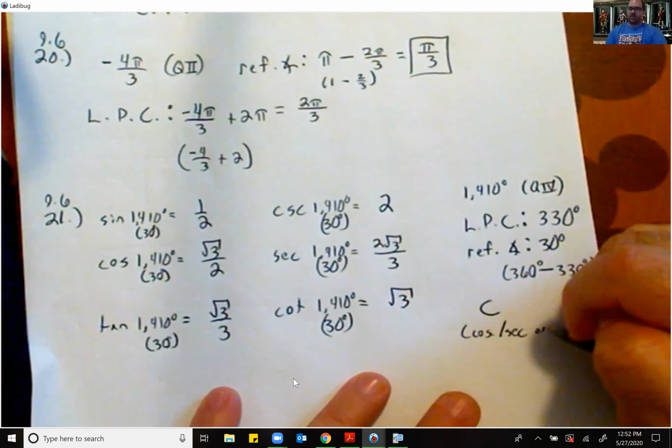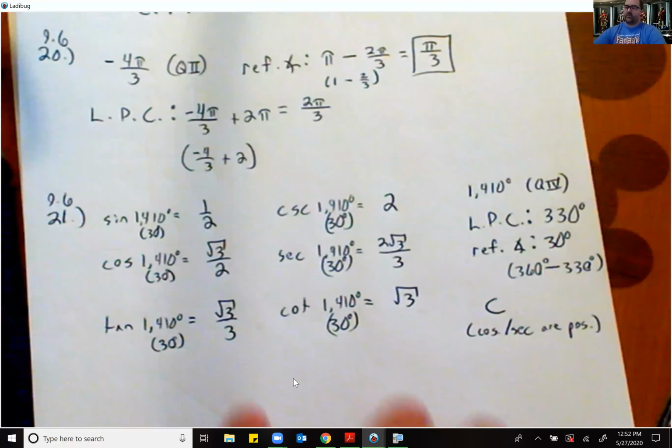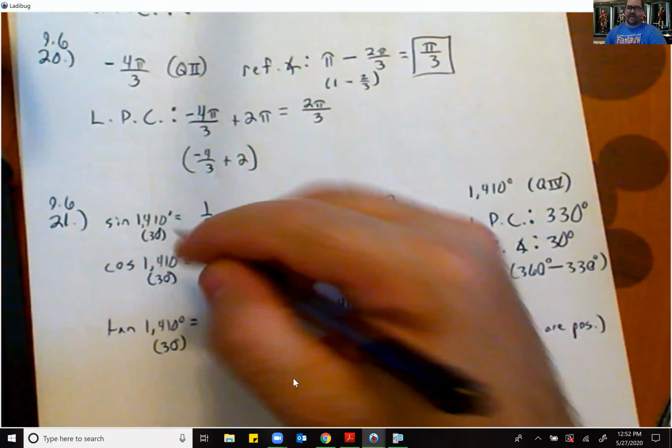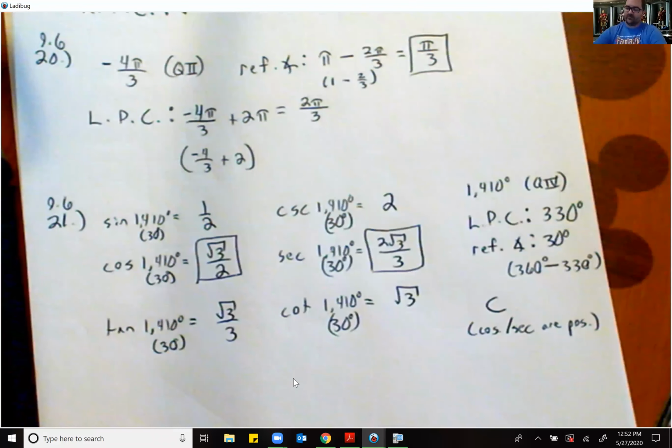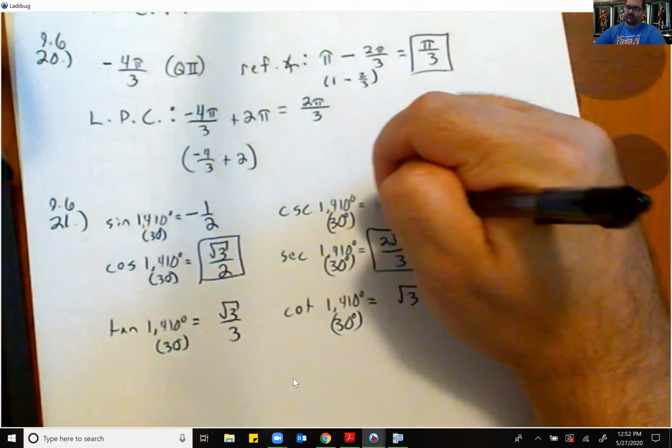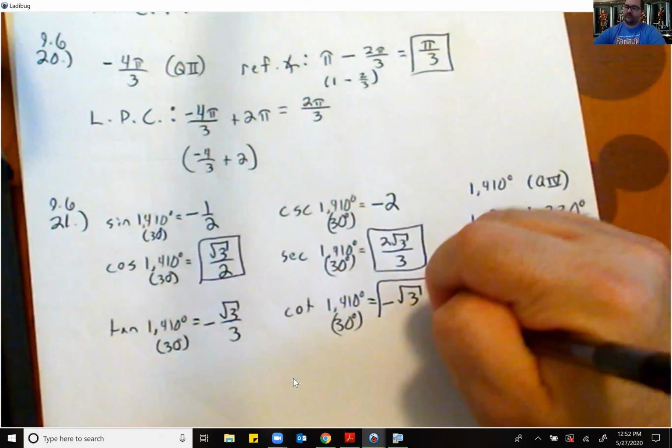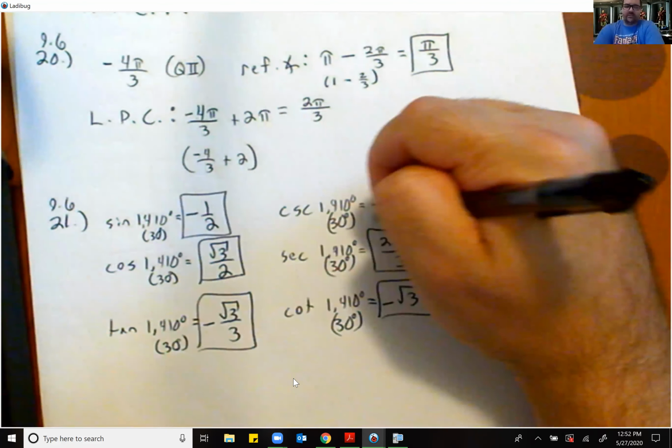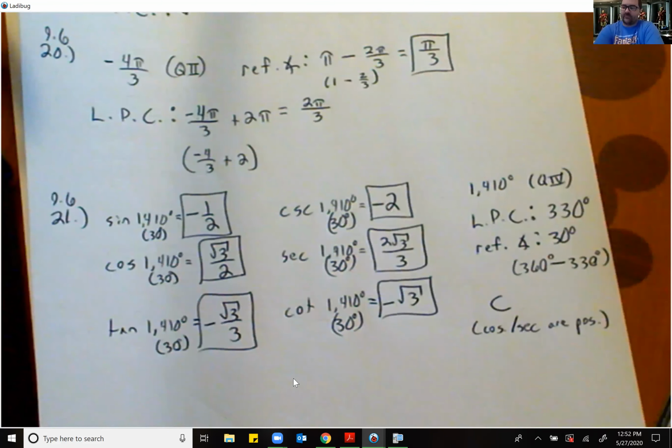Everybody else is negative. So these two answers are good. Everybody else is now negative. And you're done. Those are all the answers for sine, cosine, tangent, cosecant, secant, and cotangent of 1,410 degrees. You only need quadrant 1.